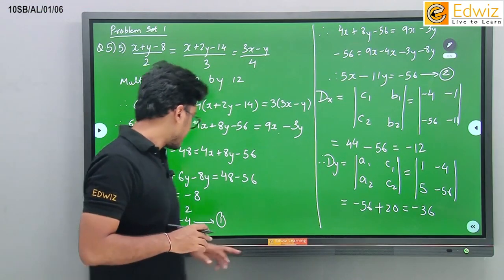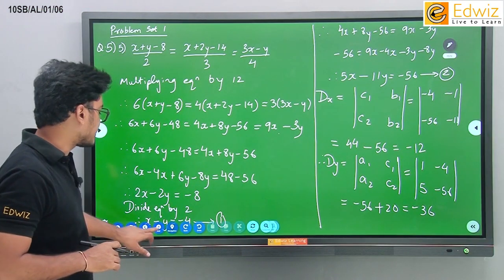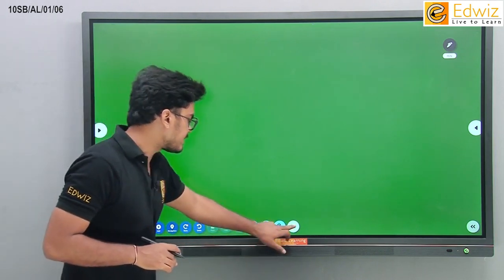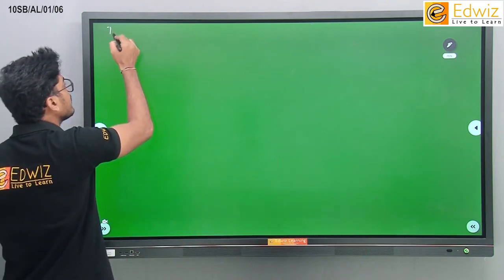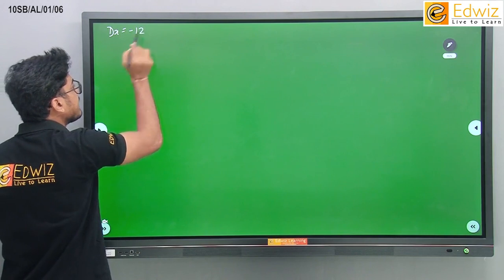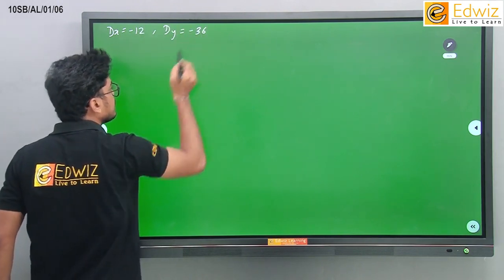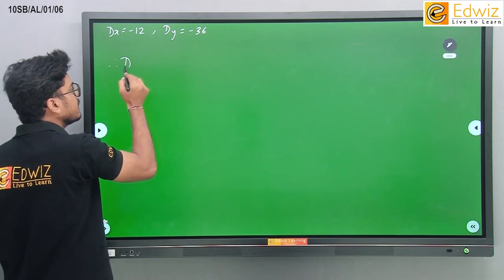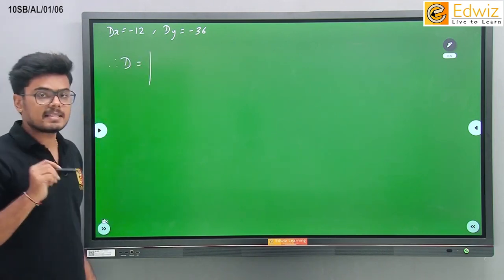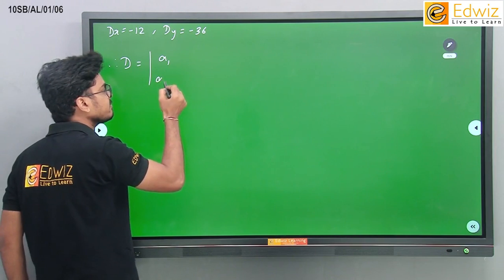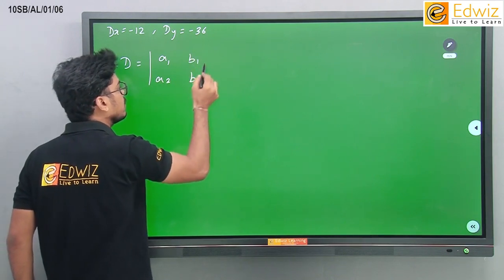Okay students, now let us continue this question to the next page. We have the value of dx and dy. I'll just note it down once again for my reference. dx आया था -12, dy आया था -36. Now we need the value of d. The formula for d is a1 a2 b1 b2.